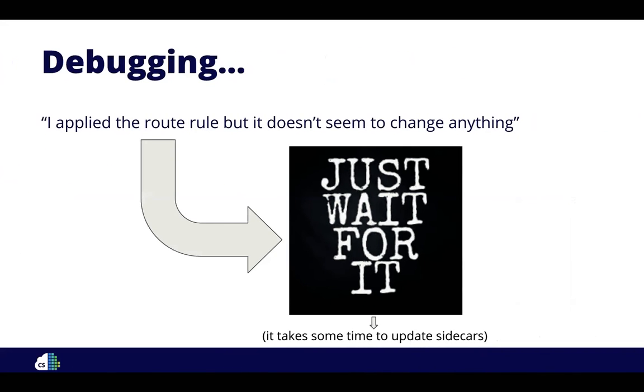Another common thing I see is that people apply some rule and then they think it doesn't work. So let's say we have a rule that 50% of the traffic goes to microservice version 1 and 50% goes to microservice version 2. And now you want to change that to, let's say, 10% and 90%. Doesn't matter how much.